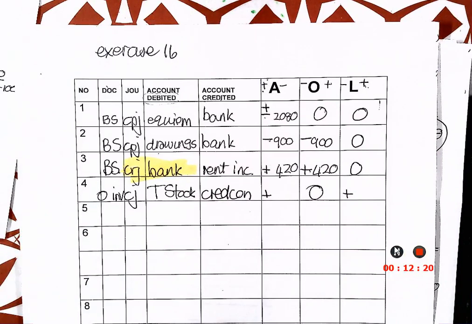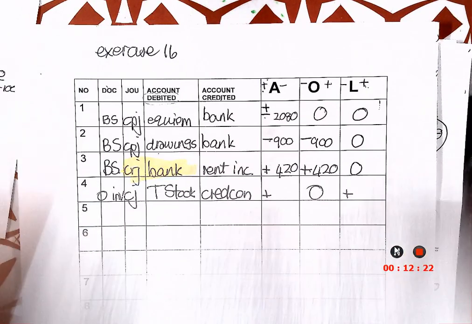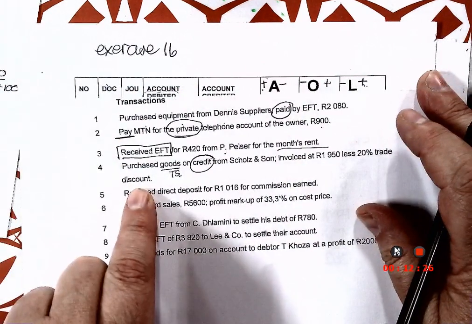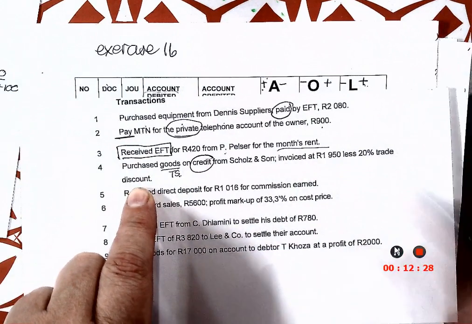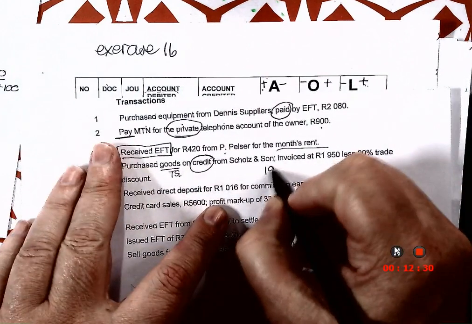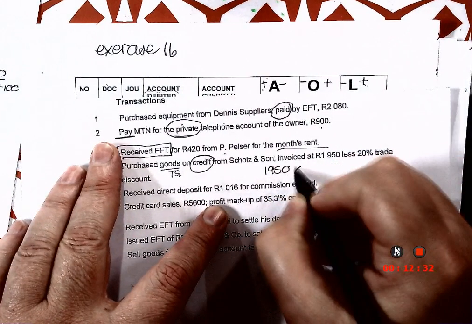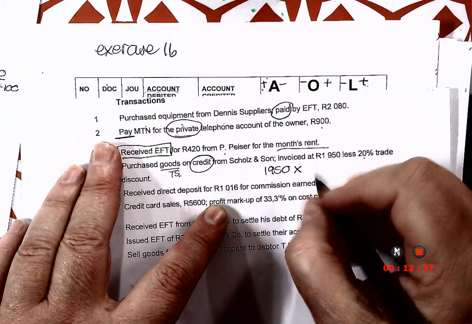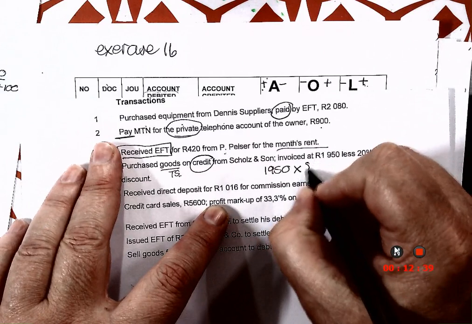Now, the figure, however, I need to calculate because I got trade discount. So I'm going to say 1950 times, if I get 20% trade discount, it means I only owe 80%.